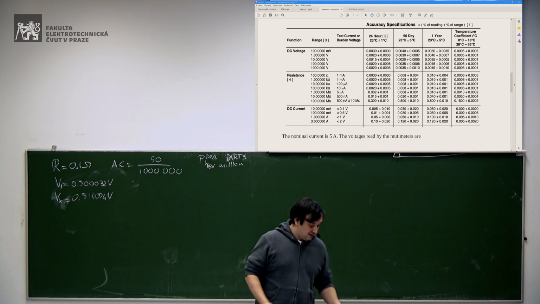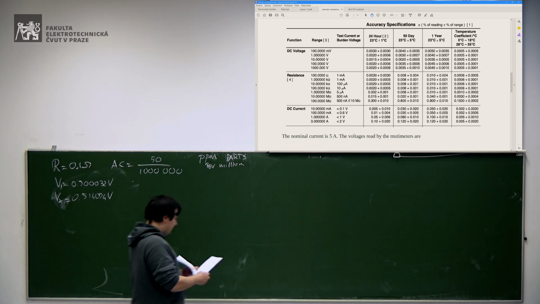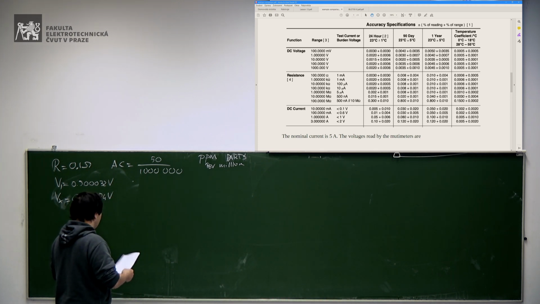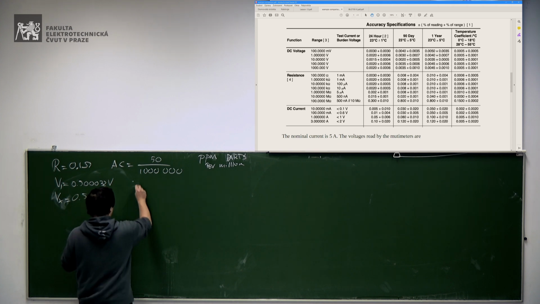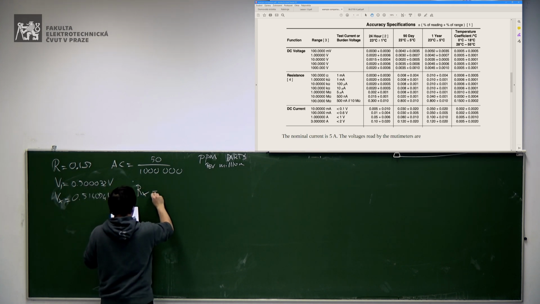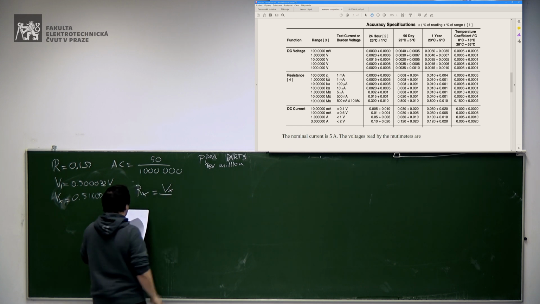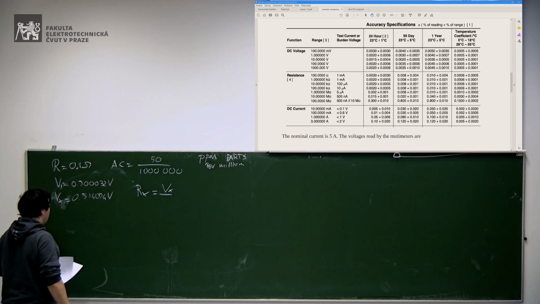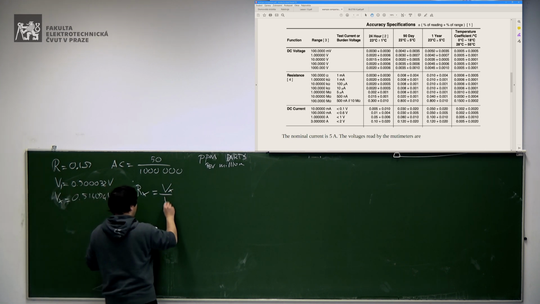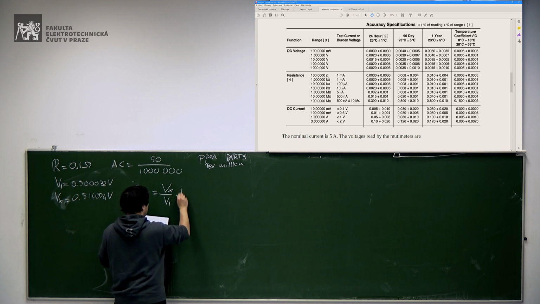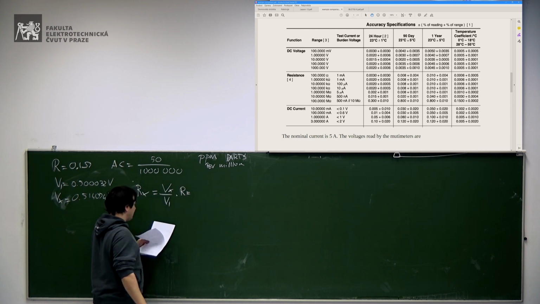Okay, so let's start with calculating the value of the resistance. The value of the resistance, as I said, is given by the voltage on the resistance that we want to measure, Vx, divided by V1 times the resistive standard.